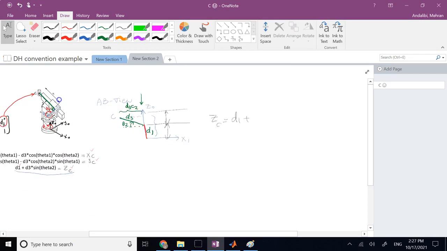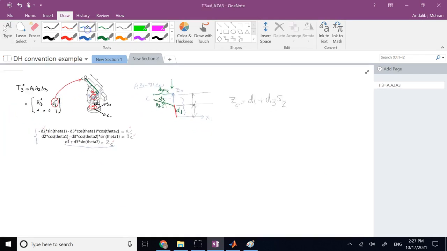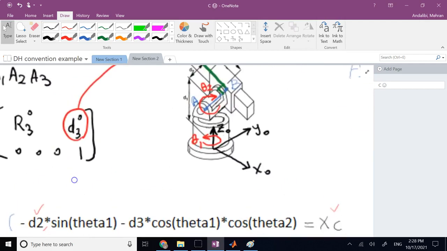Okay, so if I want to draw the top view for you, you will see x0 and y0. You will see member with length d2 and angle theta 1. Now, where would you see it?